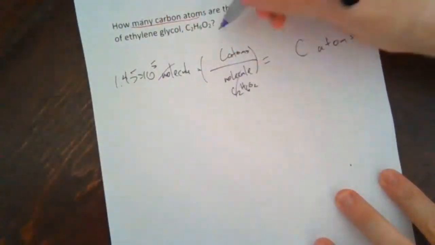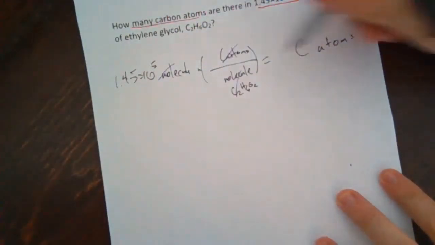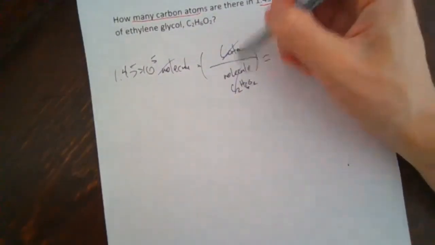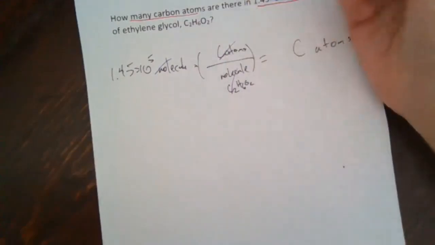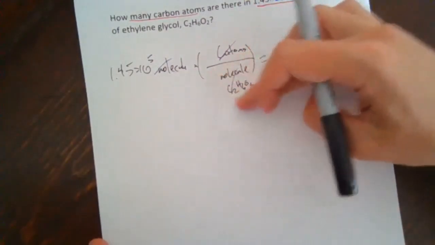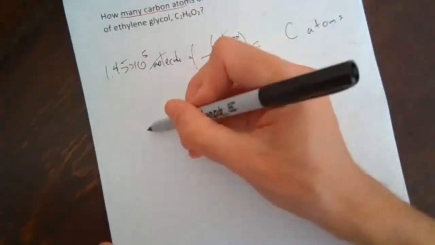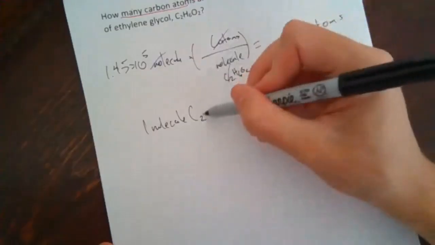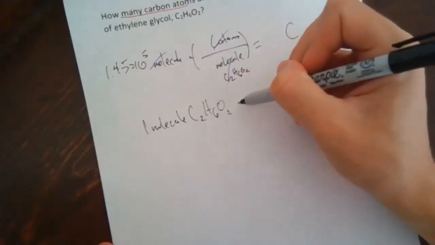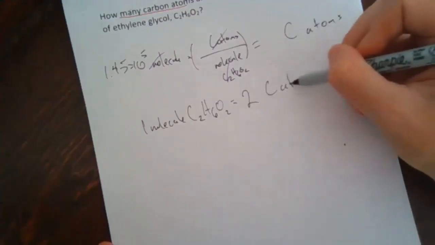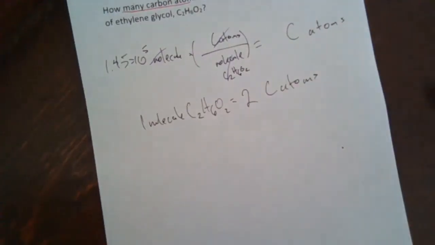Those molecules cancel out. You're not canceling out atoms, so you'd be left with atoms. And so the question is, what relationship do we have between these? This is the same idea as the dozen, where the group is the molecule. So we define one molecule of C2H6O2 as equal to 2 carbon atoms.